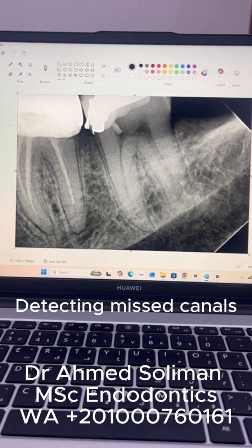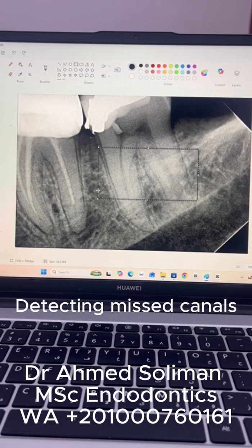I have two teeth here, this lower 6 and this lower 7. How do I know what I am going to deal with in each root? Let's discuss this lower 7 first. I have this distal root and this mesial root. What I always focus on is the middle part of the root.